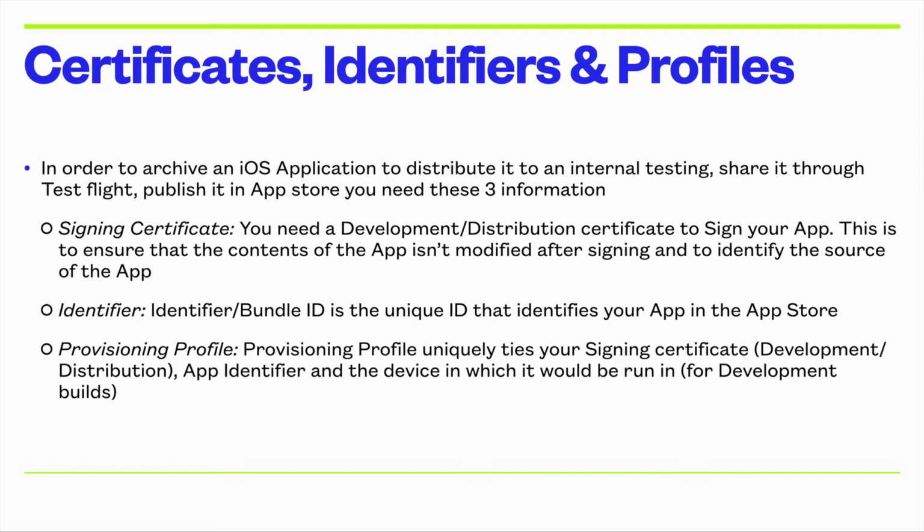Whenever there is a certificate involved, we usually talk about encryption. When you create a certificate, you basically create a pair of public and private keys. In the context of iOS application development, what the signing certificate does is, at the time of exporting or uploading to App Store, the application archive is encrypted using the developer's private key.